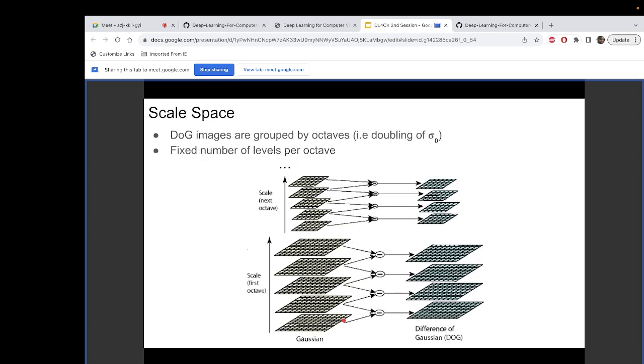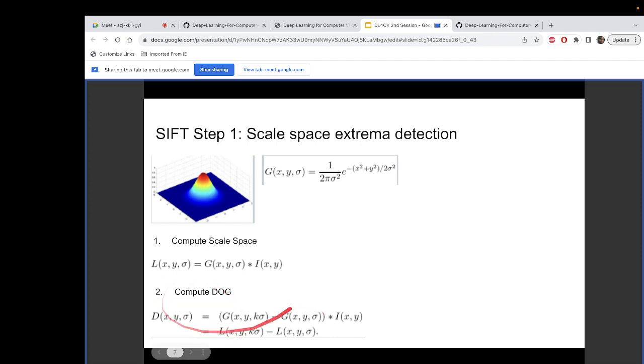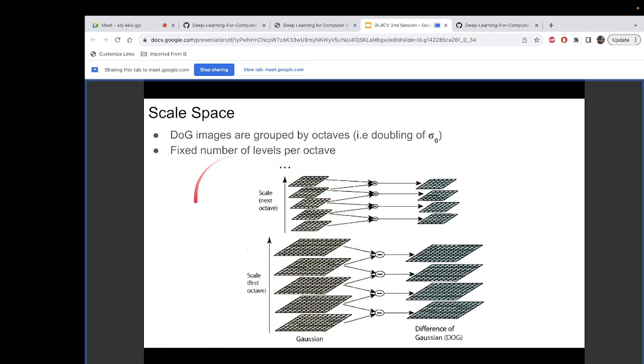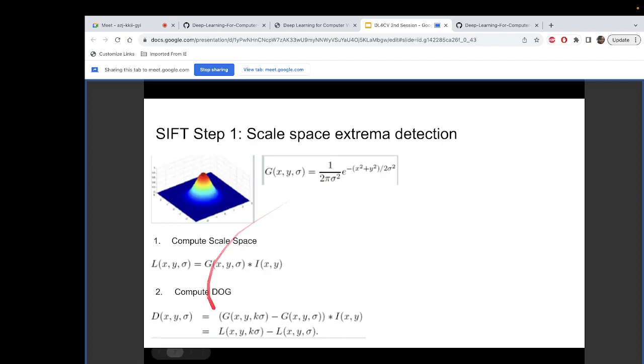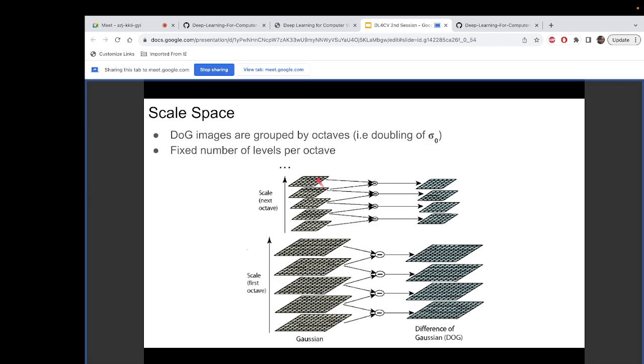Now, once you compute the DOG, what you do is something like this. The DOG images are grouped by octaves. Octaves are nothing but this: the first octave is the bigger dimension image, and in the second octave you have reduced the dimension of the image.